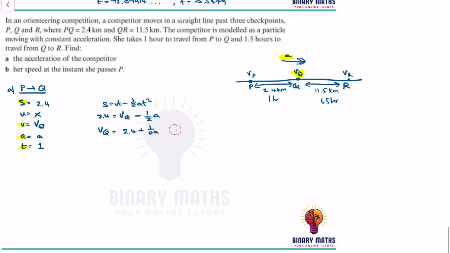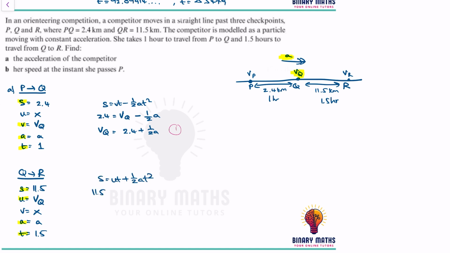Now let's do the same thing with the journey from Q to R, because that also involves VQ. We know the displacement is 11.5 here. Initial speed is now VQ. We don't care about the final speed. Acceleration is A and the time is 1.5. So we've got S, U, A, and T. S is equal to UT plus half AT squared.